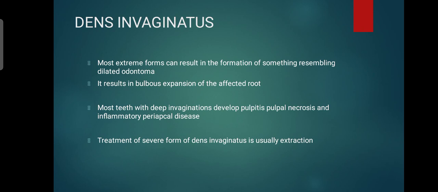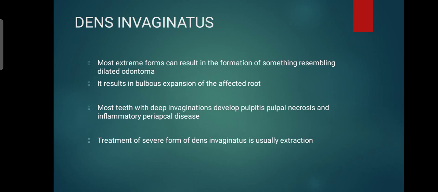Peg-shaped lateral incisors are the incisors in which, due to a developmental disturbance, their shape is not like normal incisors. They are pointed. The crowns are pointed. So, in a peg-shaped lateral incisor, there is a pit at the tip of the conical crown. A radiograph is helpful in establishing the diagnosis.